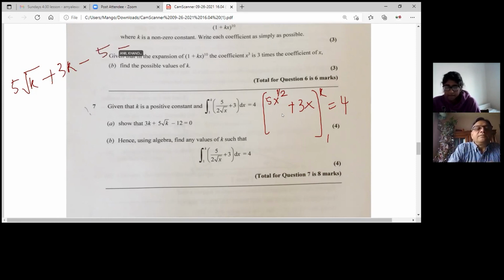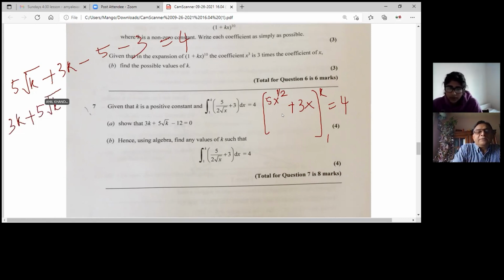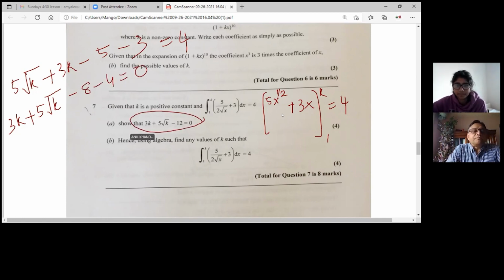Equals 4. So we rearrange. We get 3k plus 5 square root k minus 8, and we'll bring this 4 also here, so we have minus 8 minus 4 equals 0. That gives you this equation, minus 12. So we get the first part.